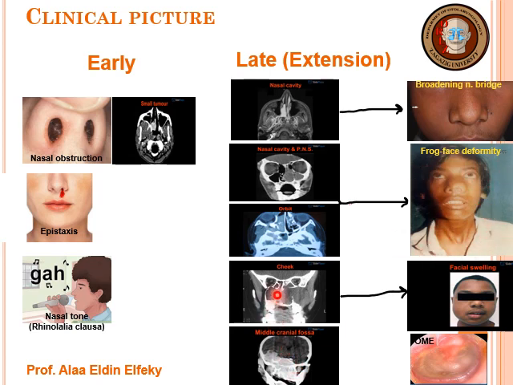If extended to the cheek, as in this case here, you will see swelling of the cheek or facial swelling. Also, this can extend to the middle cranial fossa, causing intracranial complications, and can extend to the Eustachian tube, causing otitis media with effusion.